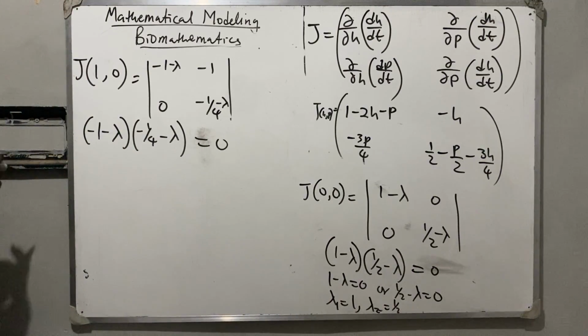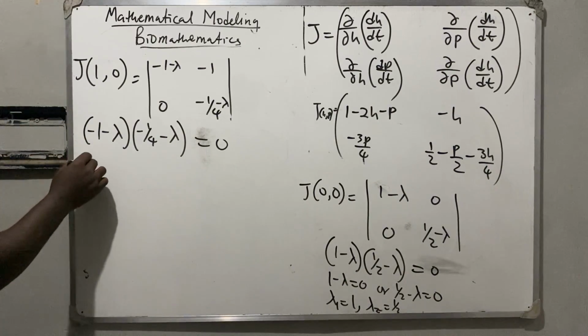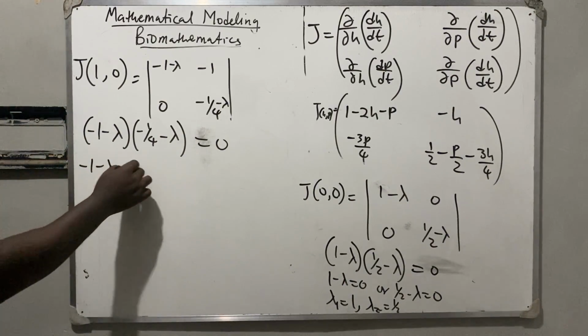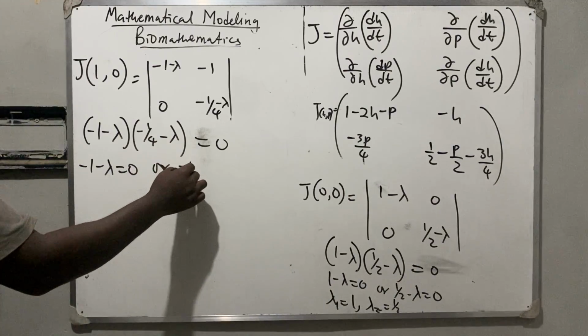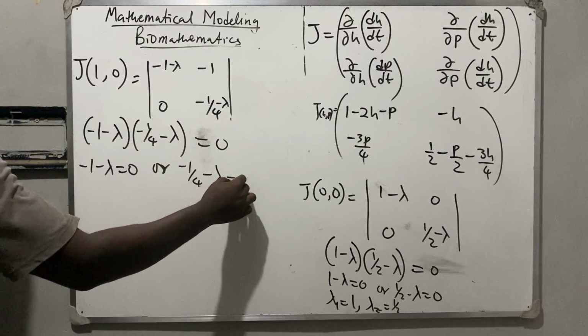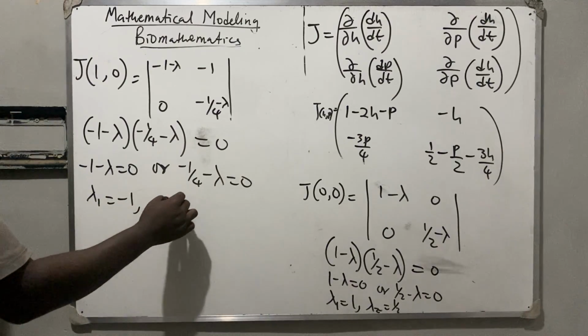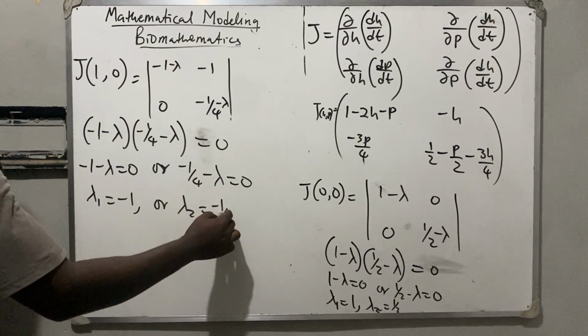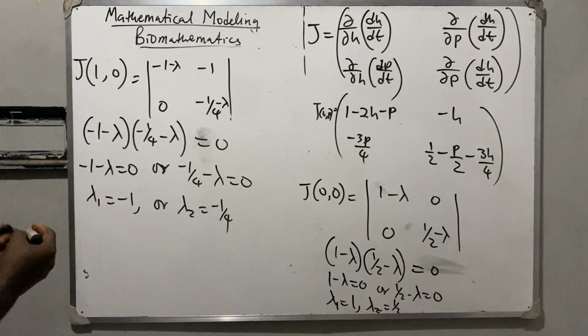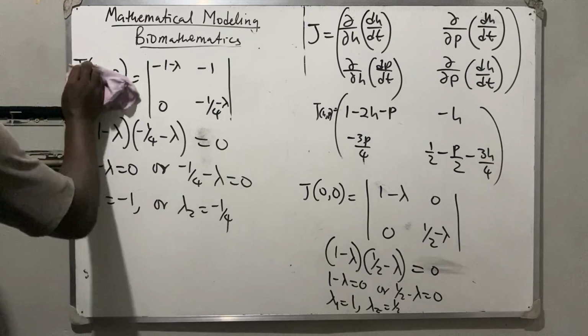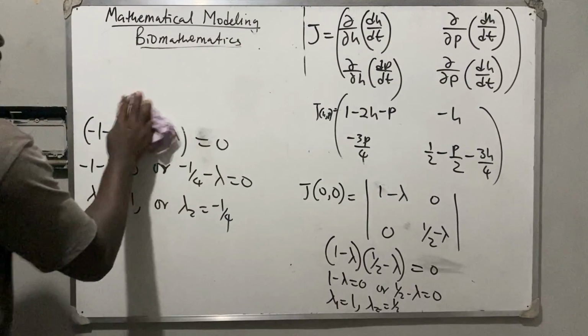So minus 1 minus lambda is equal to 0, or minus 1 over 4 minus lambda is equal to 0. So therefore, lambda 1 is minus 1, and lambda 2 is minus 1 over 4. So when both of them are negative, we say that it is what? Asymptotically stable.